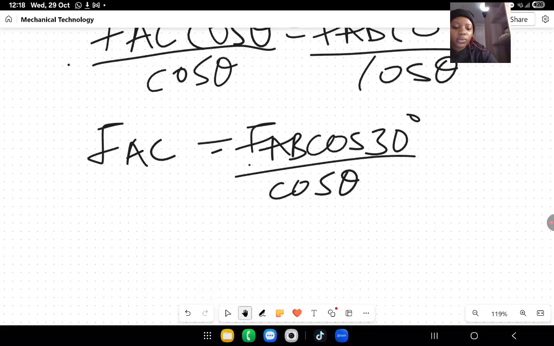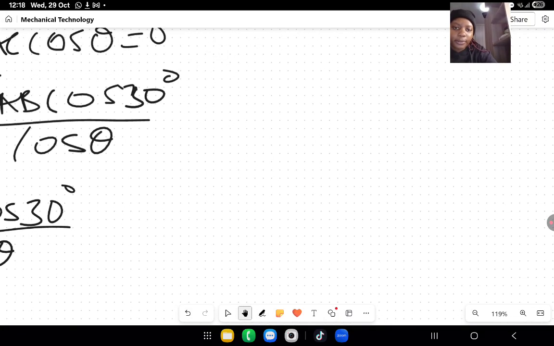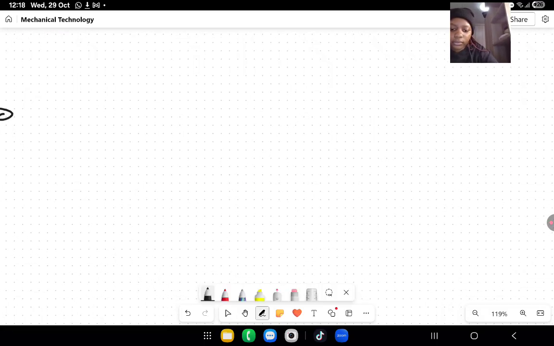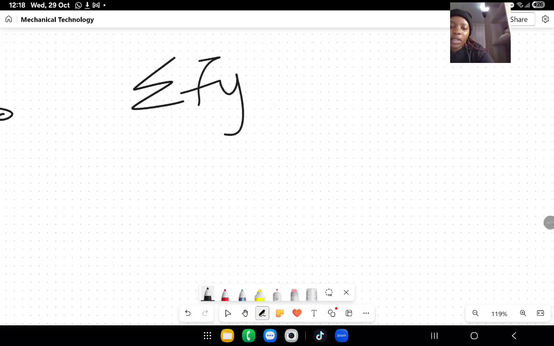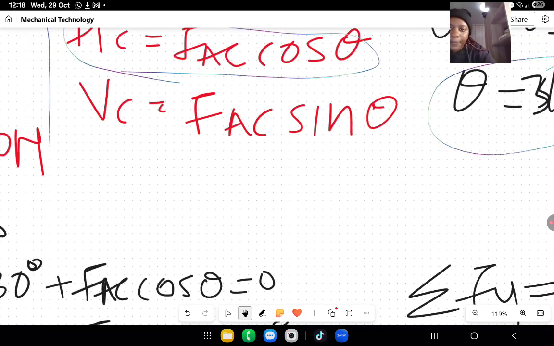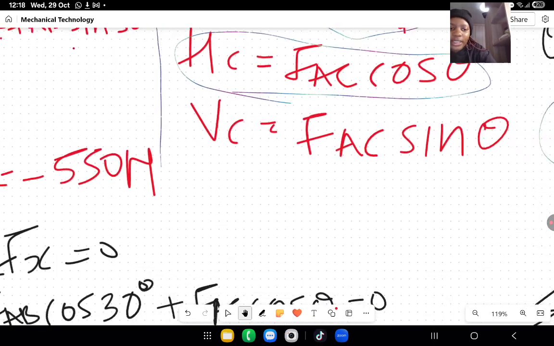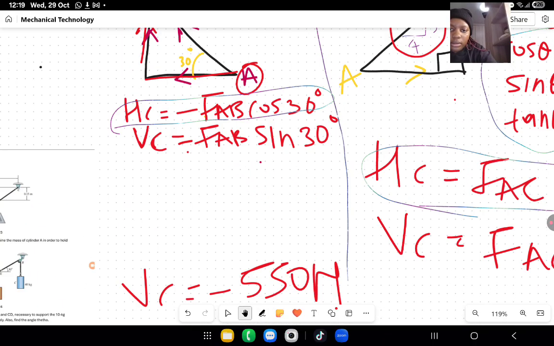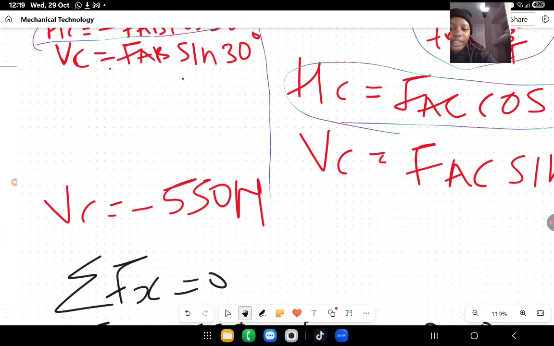So now we are going to our vertical components. So we will say sum of the vertical components equals 0. Then we go there and see our vertical components: the first one, FAC sine theta, then FAB sine 30.